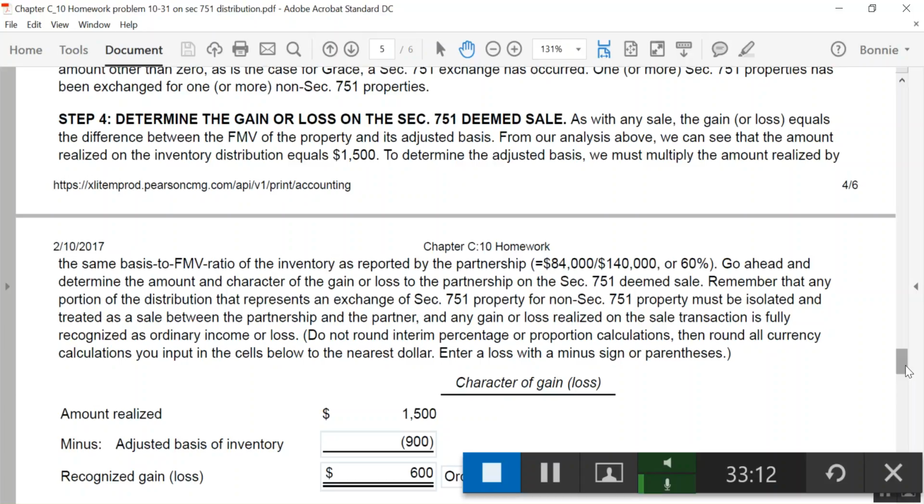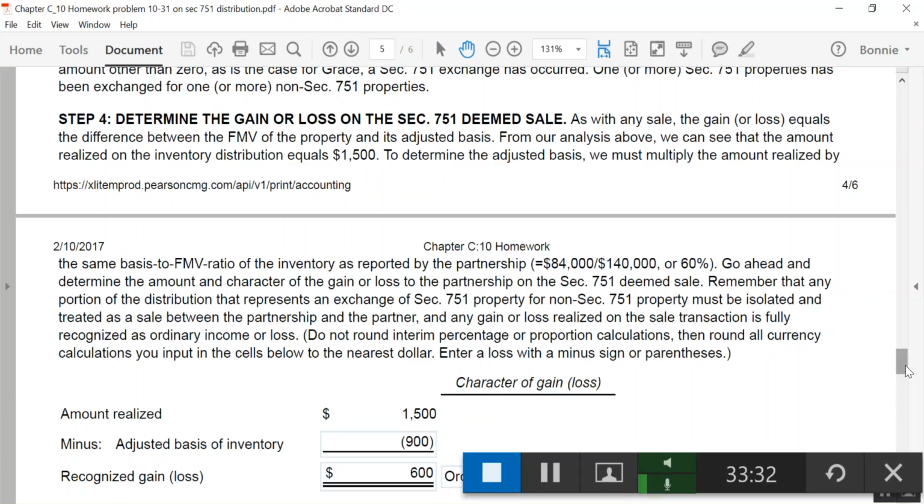So, and that's a little bit different in the book, where the opposite is happening. In the book, the partner is deemed to be selling the property in exchange for proceeds.